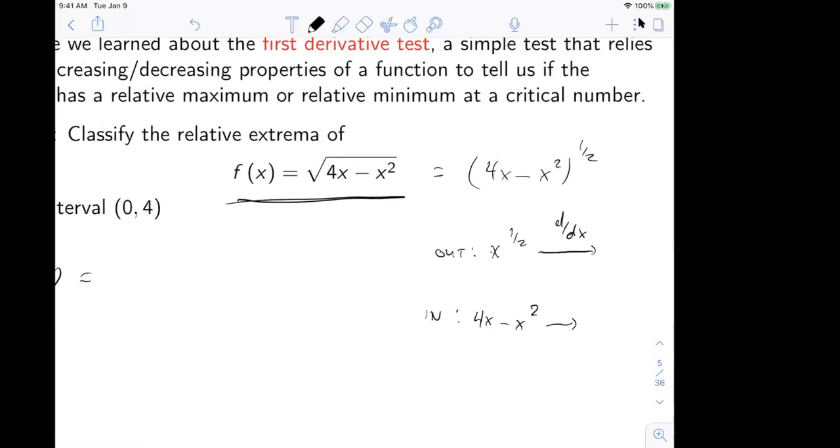What's the derivative of the outside function, the derivative of x to the 1/2? 1/2 x to the negative 1/2. Perfect. And what's the derivative of 4x minus x squared with respect to x? 4 minus 2x. Perfect.